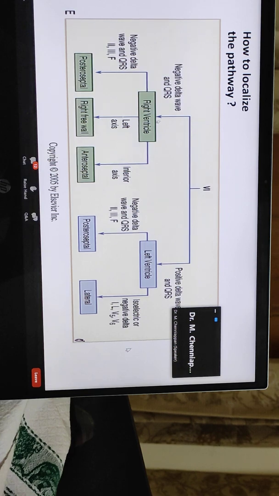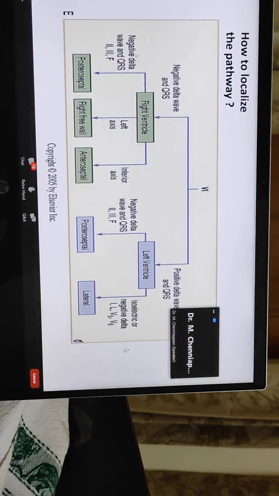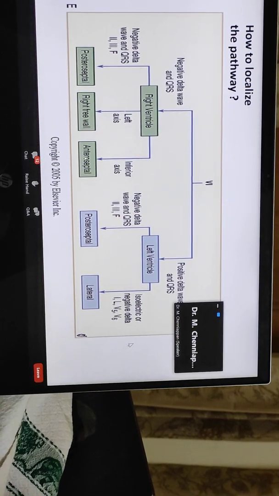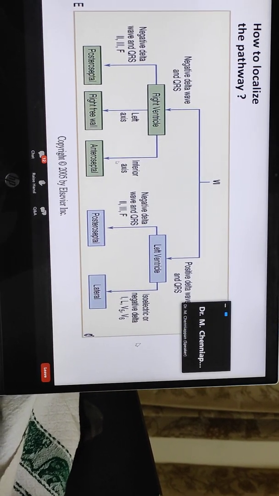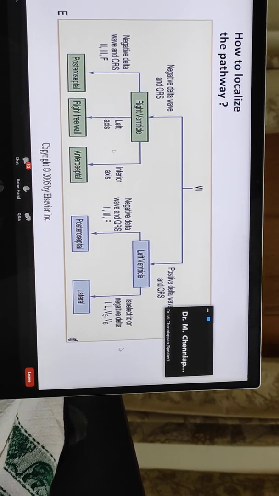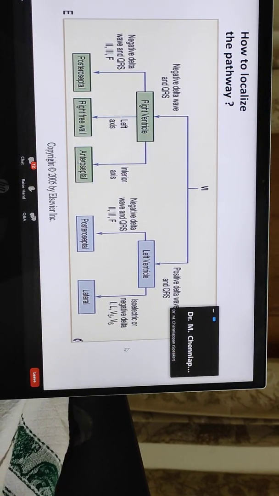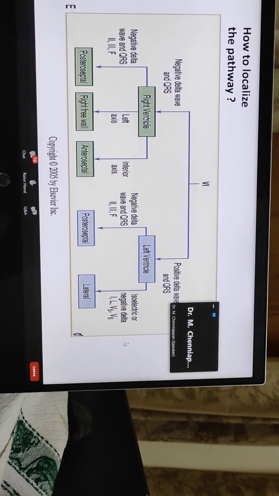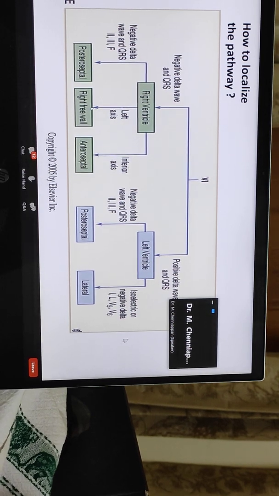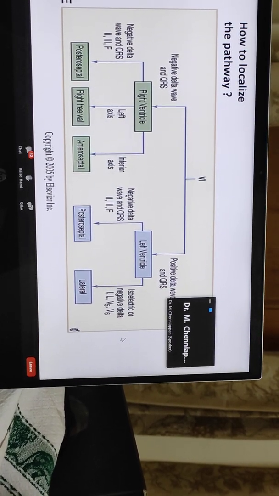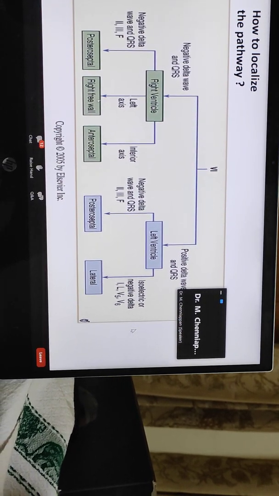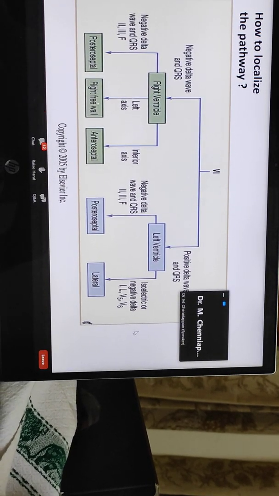But if you have a right-sided pathway and, instead of a negative delta wave in the inferior leads, you have a positive delta wave and upright QRS complex in the inferior leads, resulting in an inferior axis, you are dealing with a right-sided anteroseptal pathway. In contrast, if AVL is showing the tallest QRS, not the inferior leads, resulting in left axis, then it means a right free wall accessory pathway.